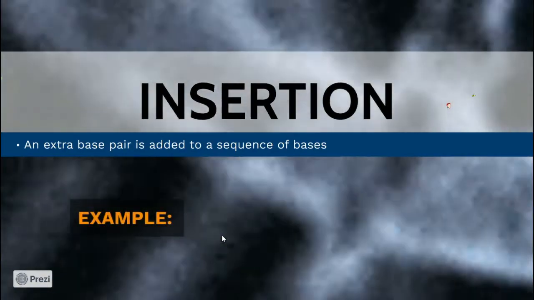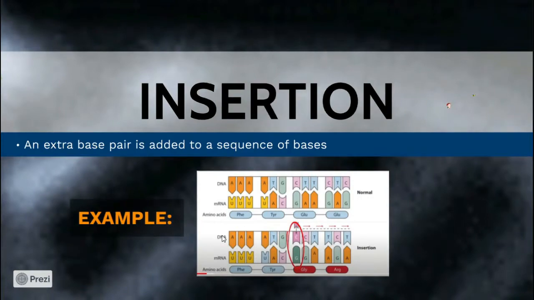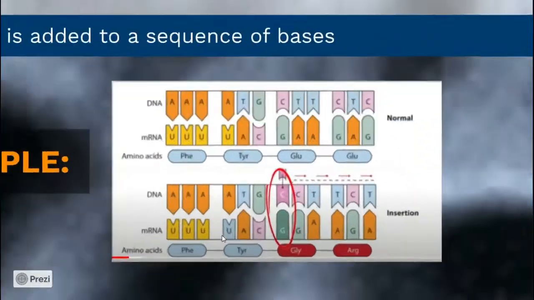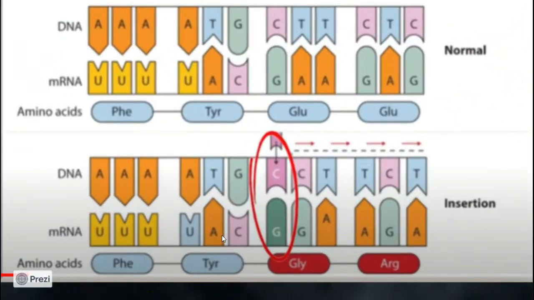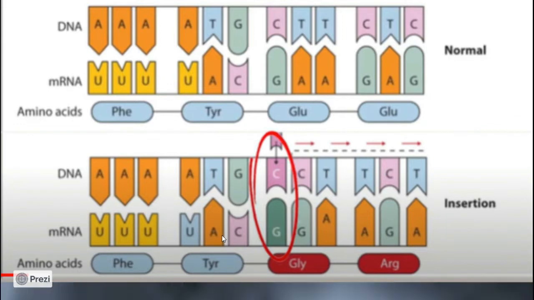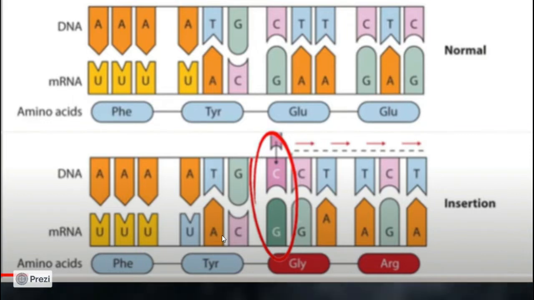Just like what the term implies, something is inserted. For example, I am showing you a normal DNA sequence, and the other one shows a DNA sequence with an insertion mutation. What you have noticed here is that the normal sequence would be different, but because a cytosine was inserted, an insertion occurred.